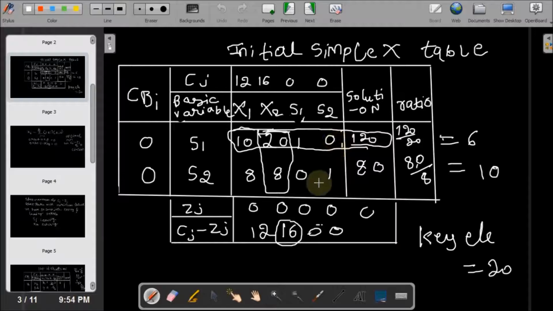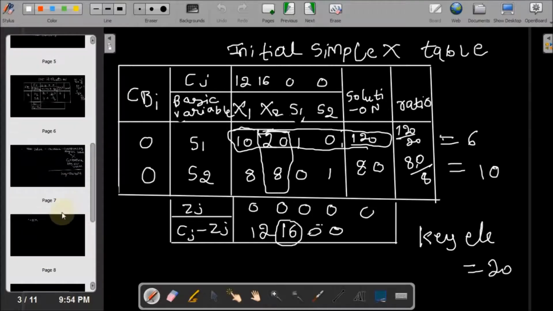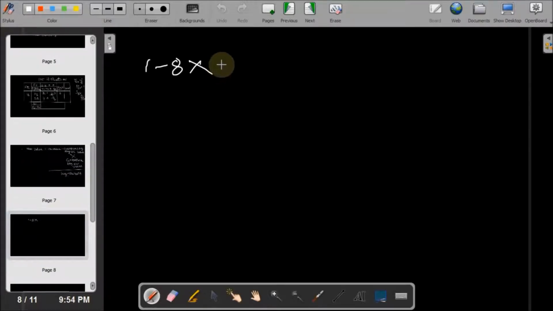For this element, what is the corresponding row value? 0. Getting, guys? So 1 minus 8 into 0.